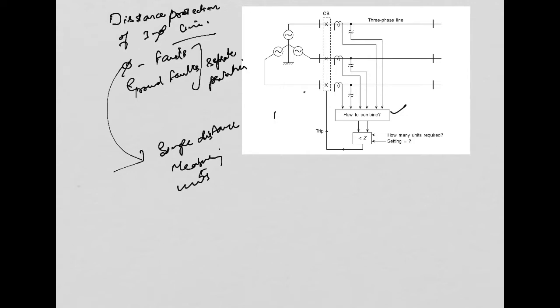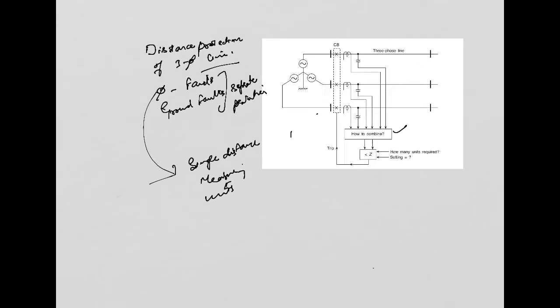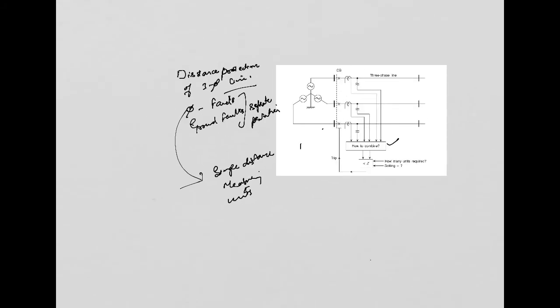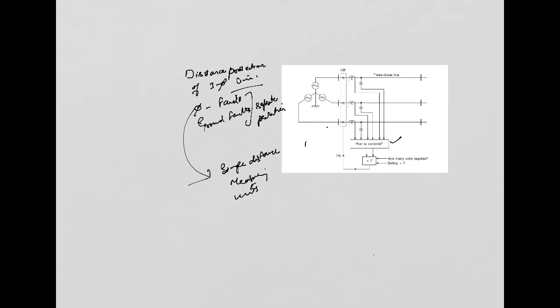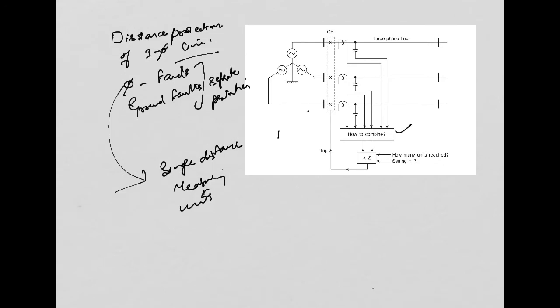That is, if we have 3 phase fault measuring units, then they will cater for all the 7 phase faults. So we will have 3 measuring units in that case, and these 3 measuring units will cater for the 7 phase faults.